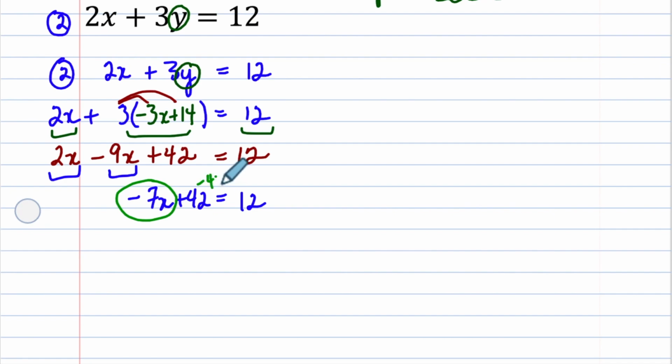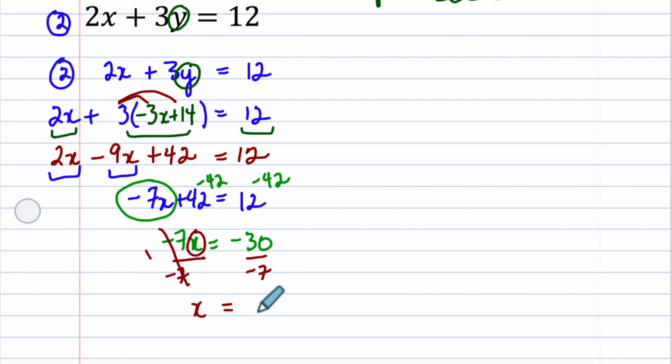Subtract 42, both sides. Negative 7x is equal to negative 30. Isolate x by dividing by a negative 7. And we have x is equal to 30 over 7.